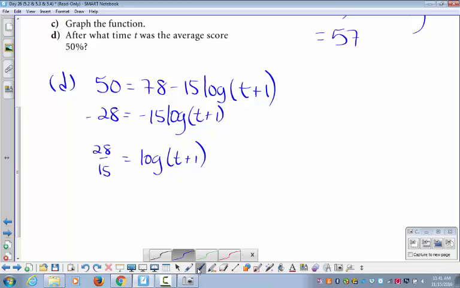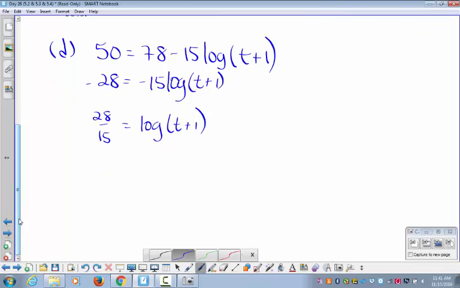All right, so now we have a log equation. The t is on the inside. Log equations and exponentials are two sides of the same coin. Anytime you have a log equation, you can flip the coin and turn it into an exponential. Anytime you have an exponential, you can flip the coin and turn it into a log. So that's what we're going to do here. We're going to convert this to an exponential.